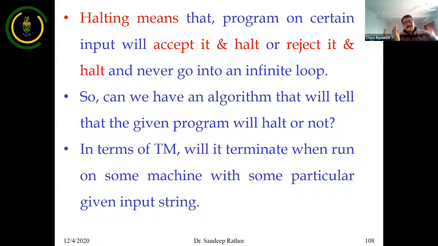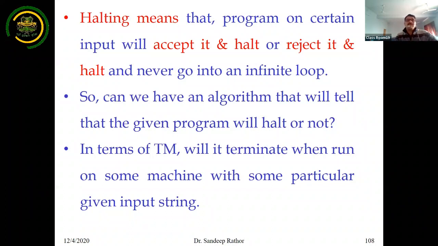Either it should accept the string or it should reject the string, but in both cases our Turing machine should reach the halting state, right? This is clear. But if your machine is in an infinite loop, you can't say whether it will accept the string or reject it.